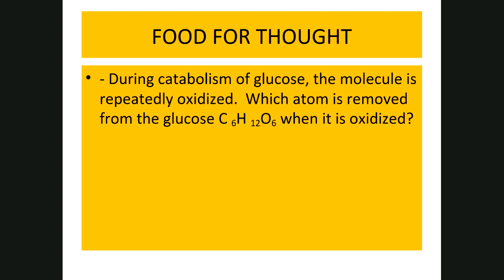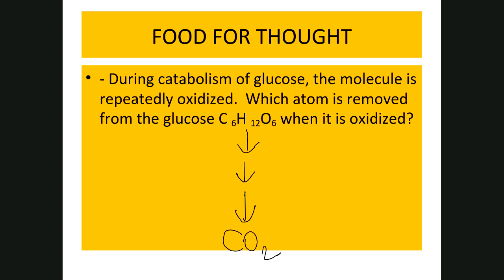During catabolism of glucose, the molecule is repeatedly oxidized. Which atom is removed from the glucose when it is oxidized? So remember back on glycolysis, and actually not just glycolysis, and it's definitely not just glycolysis. Glycolysis, intermediate step, Krebs cycle. When you took the glucose molecule through all those three steps, at the end, this is what the glucose molecule became, just CO2.